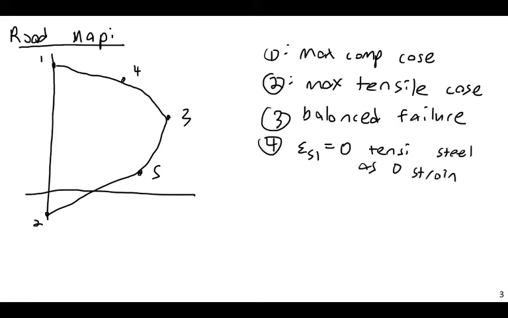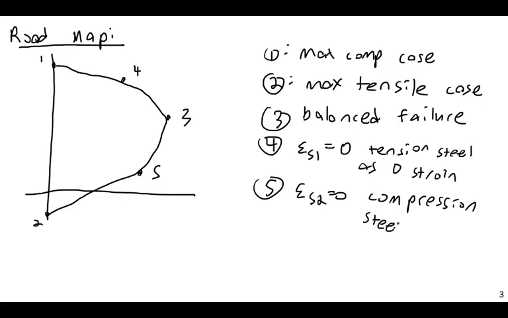Or tension steel has 0 strain, and case 5 will be where epsilon S2 is 0. This is where the compression steel has 0 strain. Let's see here.